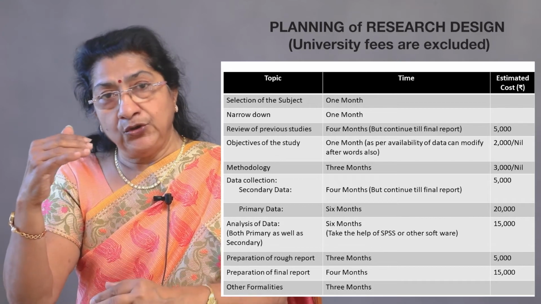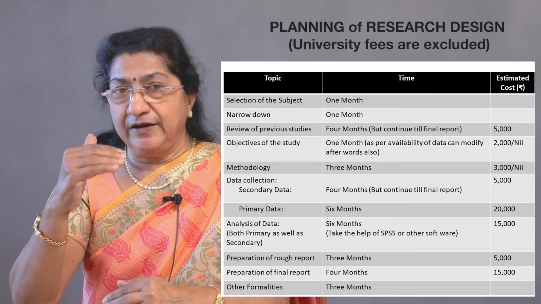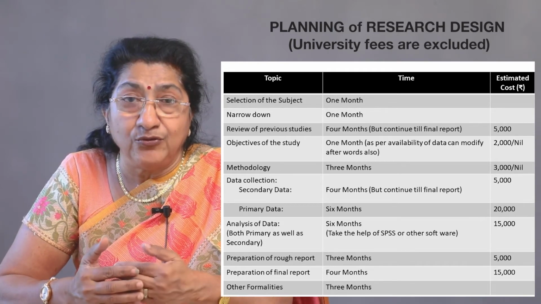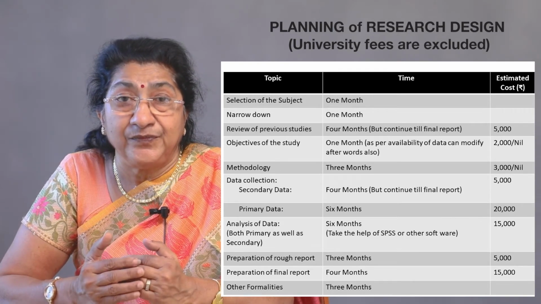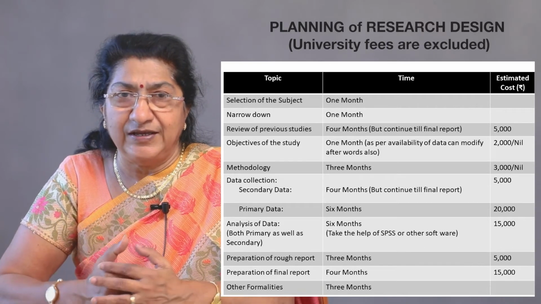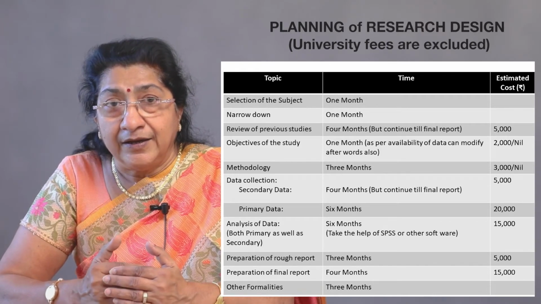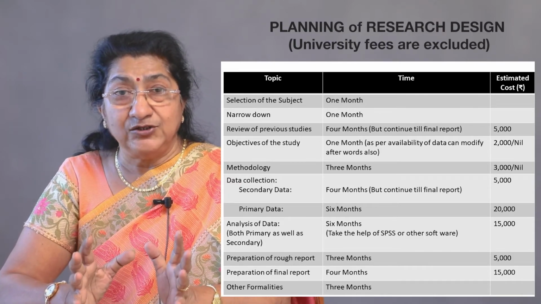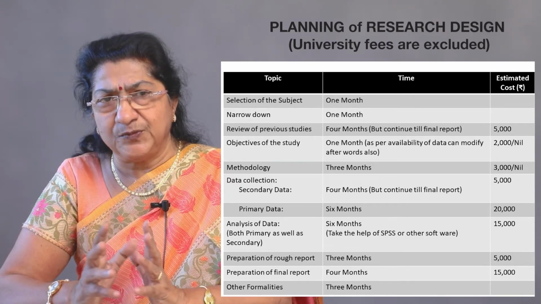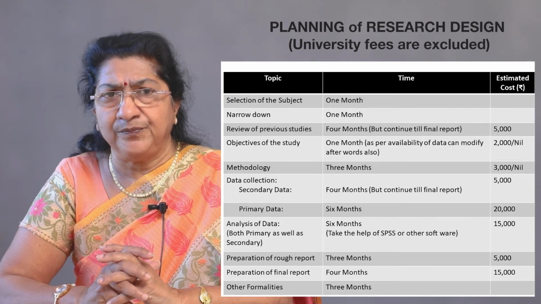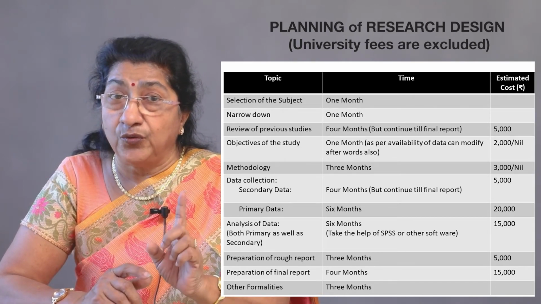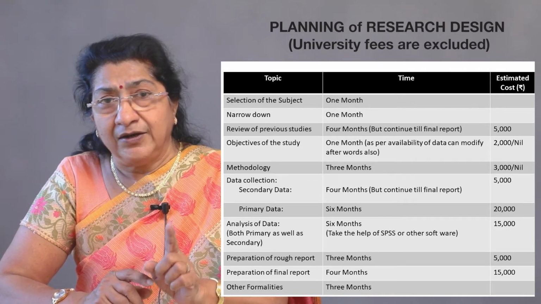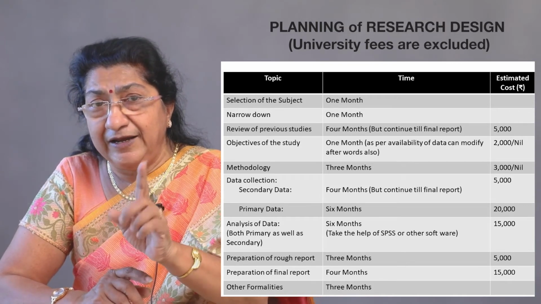Once you have collected both secondary and primary data, then obviously you have to analyze the data, both primary as well as secondary. Now, for analysis of the data, ready software is available, SPSS and other software. If you have the idea, then you do not have to spend any amount for that.